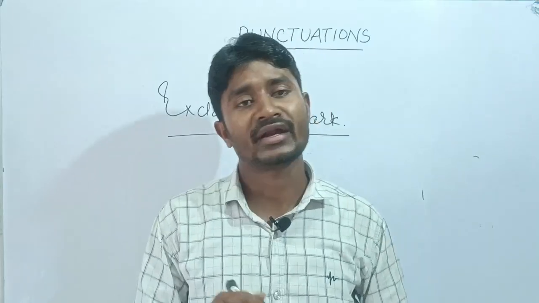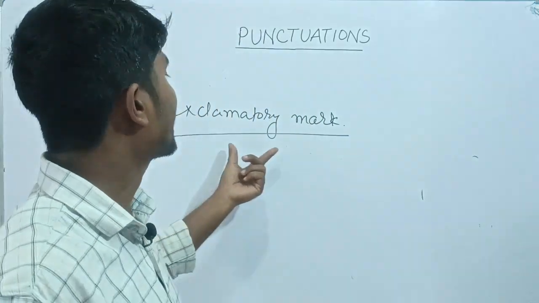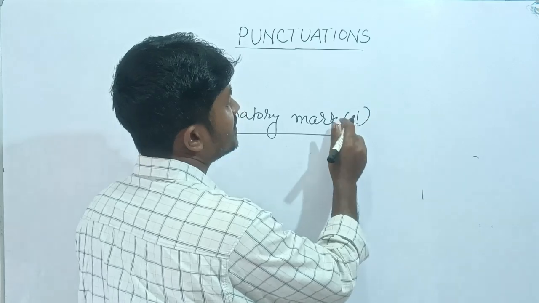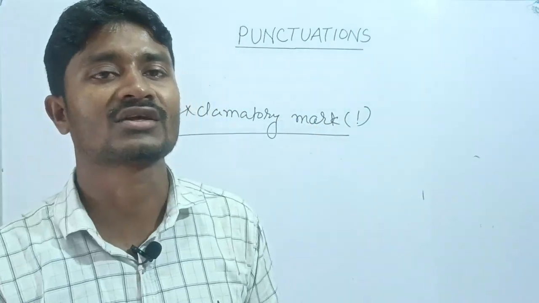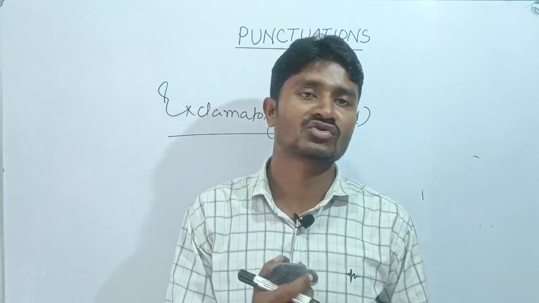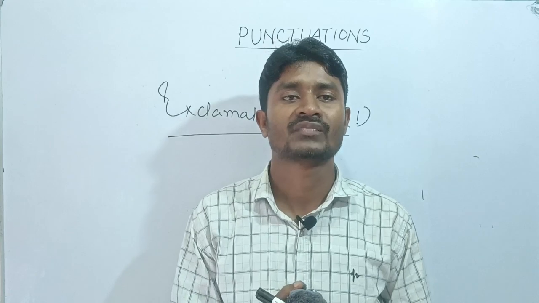So let's move on and discuss a very important punctuation mark, that is the exclamation mark. You can see here the symbol of the exclamation mark. Before going to the use of exclamation marks, we should know what an exclamatory sentence is.